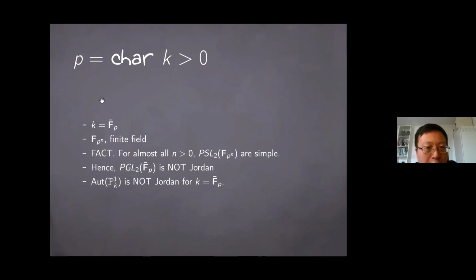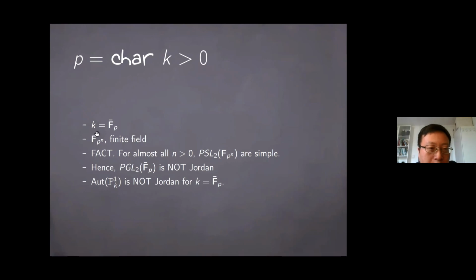So first, let's see a simple example. Let's assume the characteristic is some prime p. This comes from the classification of finite subgroups of automorphisms of P1, which we will introduce later. So this example shows the automorphism group of P1 is not Jordan already.